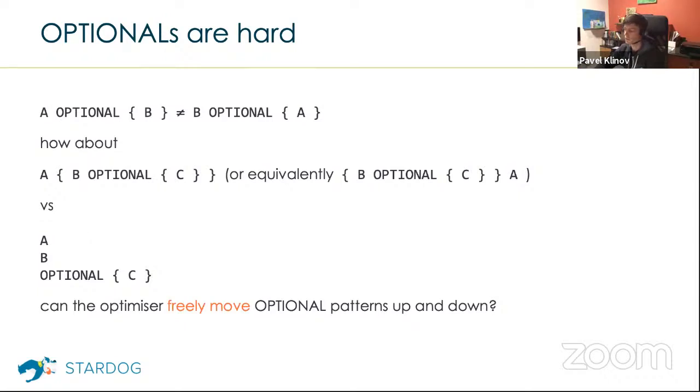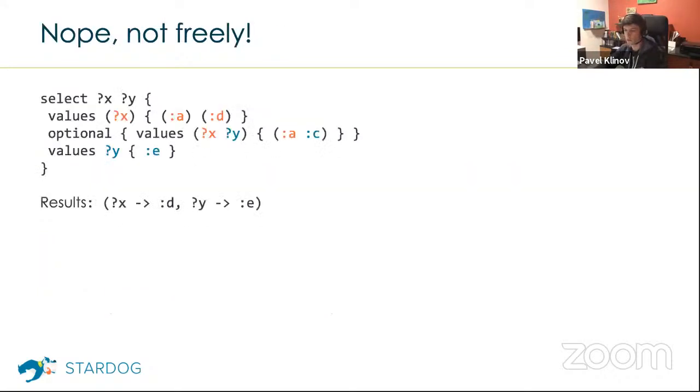So in SPARQL, in practical terms, this basically asks: can you move your optional up and down the query? And surprisingly, to some, the answer is no. You cannot do that in general, and it's not difficult to come up with a counterexample for that.